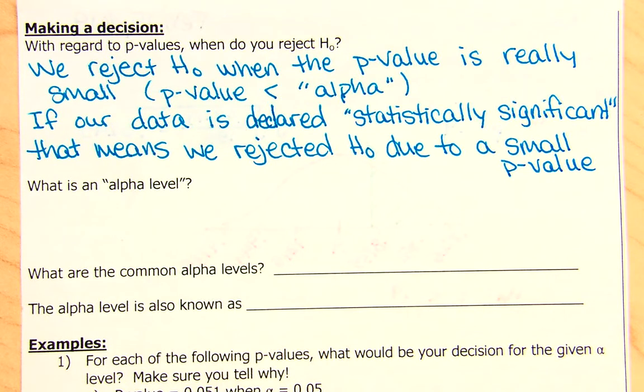So it's when we have a strong case, when our evidence shows clearly that what we thought was true is not true. Okay, so we have strong evidence. Then we call that statistically significant. We say the difference between the two was statistically significant.